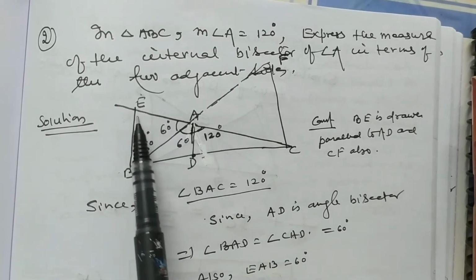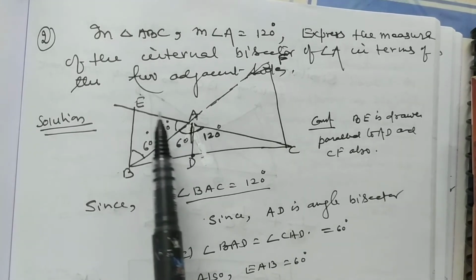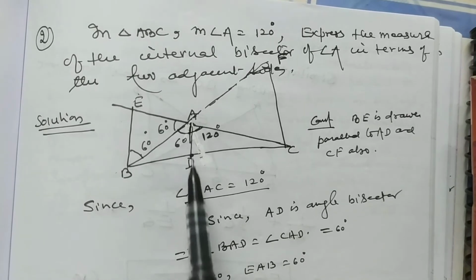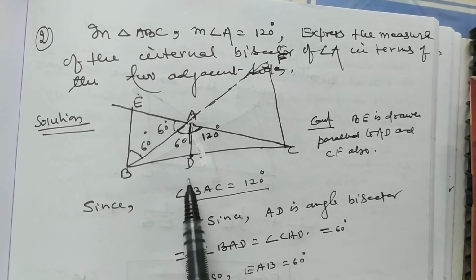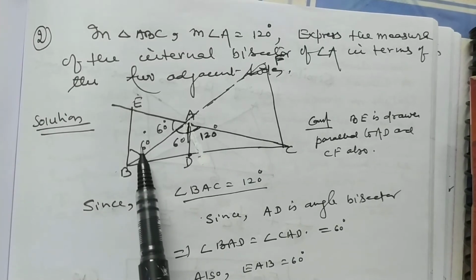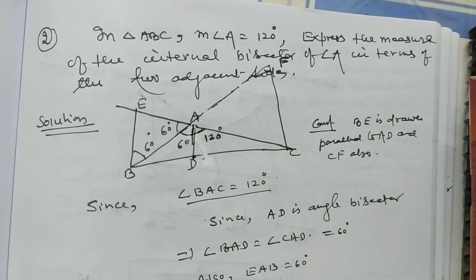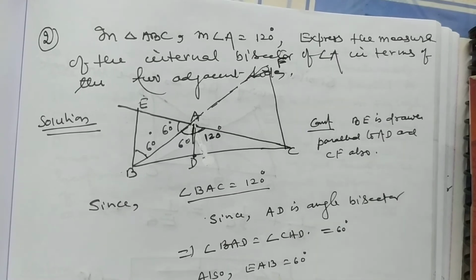When we produce CA, then this angle is also 60 degrees. Angle EAB is also 60 degrees. And AB is parallel to AD. AD is the angle bisector. So this angle is 60, this is also 60. This is also 60. So AEB is an equilateral triangle. Thus AB is equal to EB.